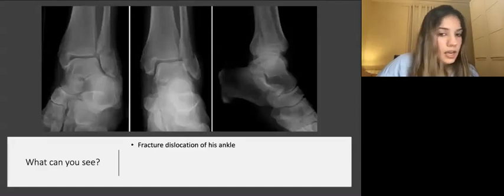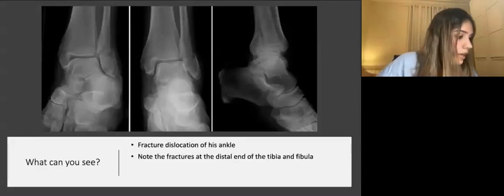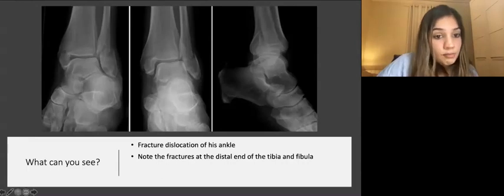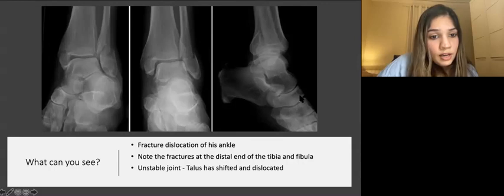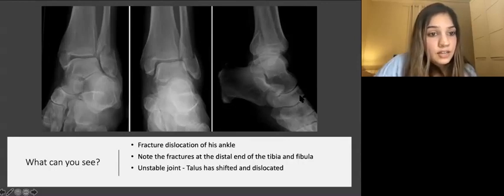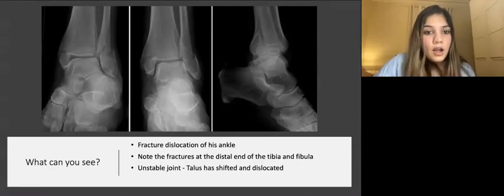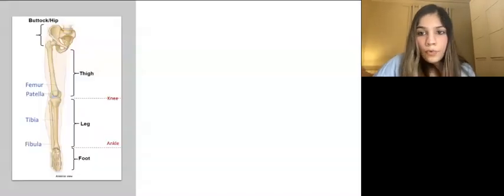So again, lateral and medial malleolus fractures. It's at the distal end of the tibia and the fibula, and it's an unstable joint because the talus has shifted and dislocated.